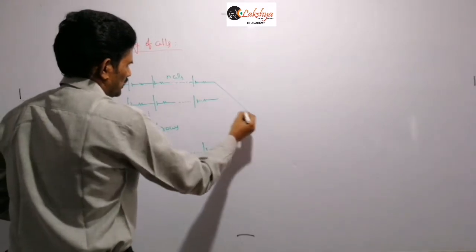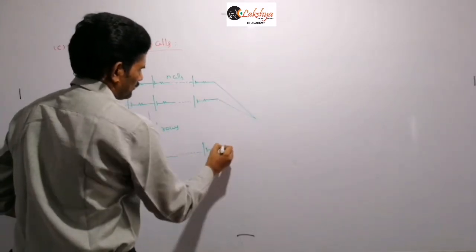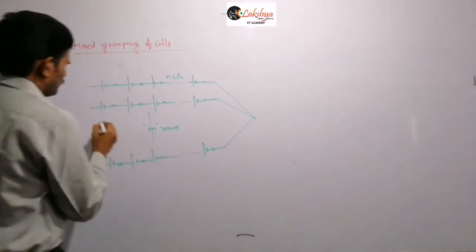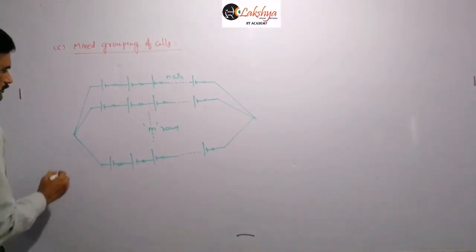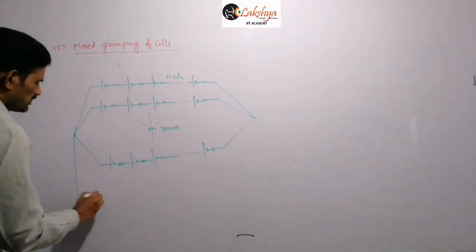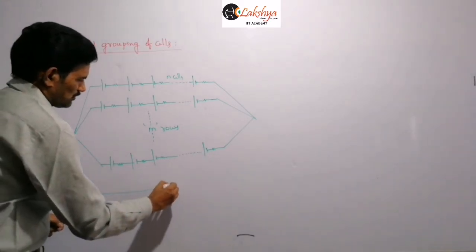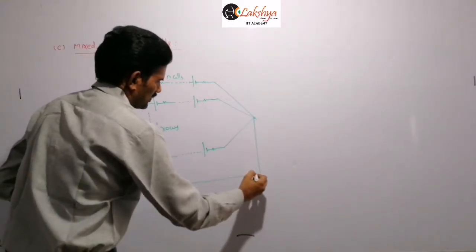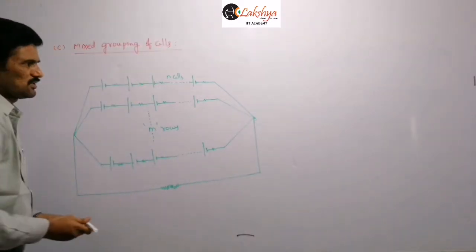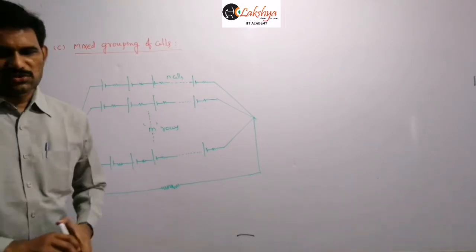That means all these are connected to one point here, and some external resistance R is connected between those two points, right? So that is our circuit here.